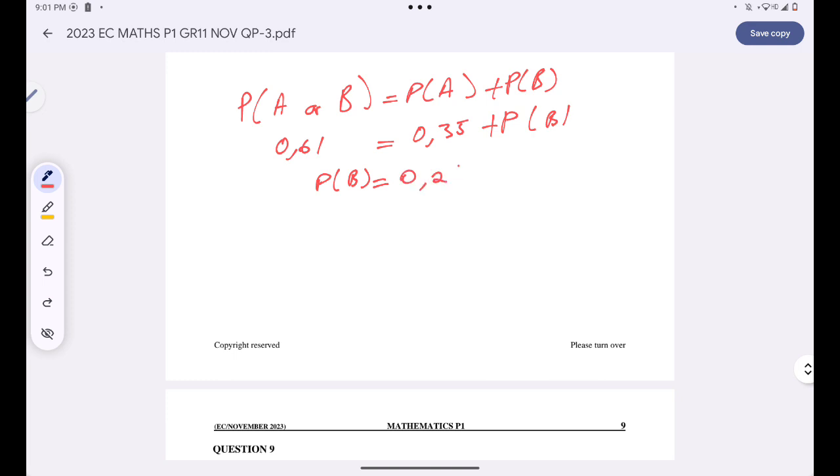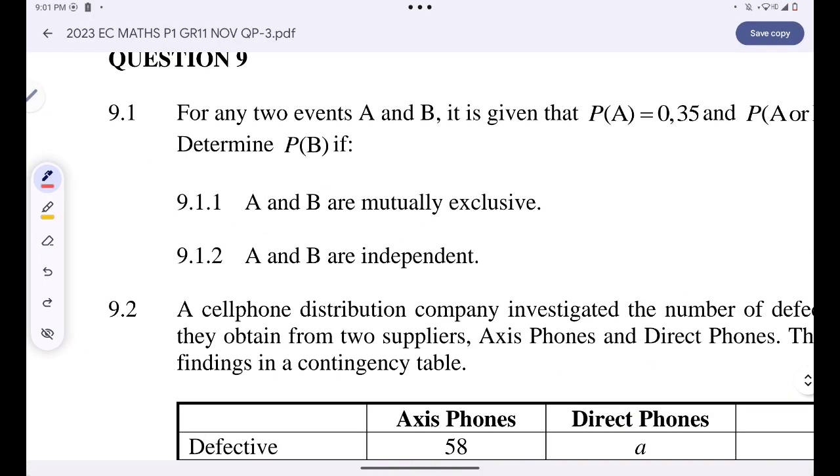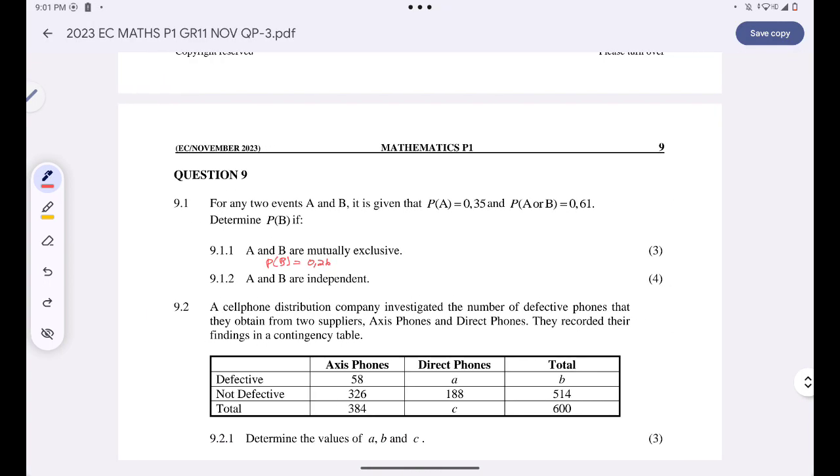This will give me 0.26. Let me confirm. 0.61 minus 0.35, yeah, that's 0.26. So if the events are mutually exclusive, the probability of B is 0.26.